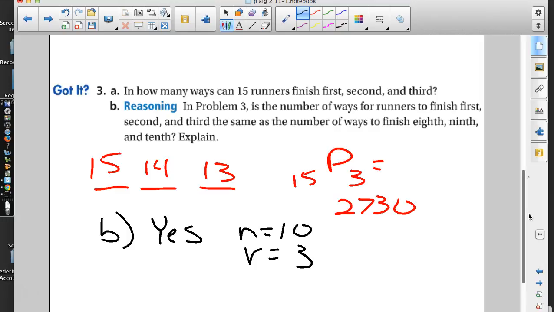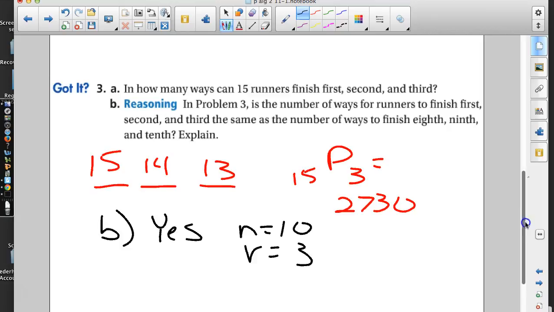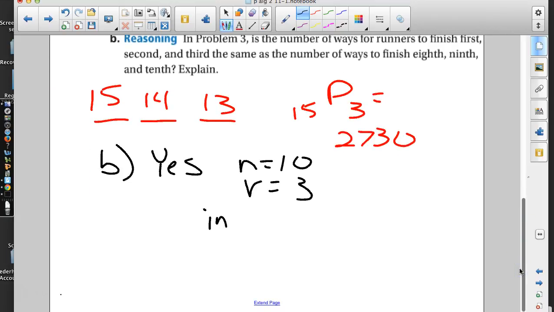So nPr would be exactly the same amount of permutations. Now, if all of a sudden we start to know something about the competitors, like we have records of their fastest times, then it doesn't become so much a counting principle as it is probability. And right now we're just talking counting principles.